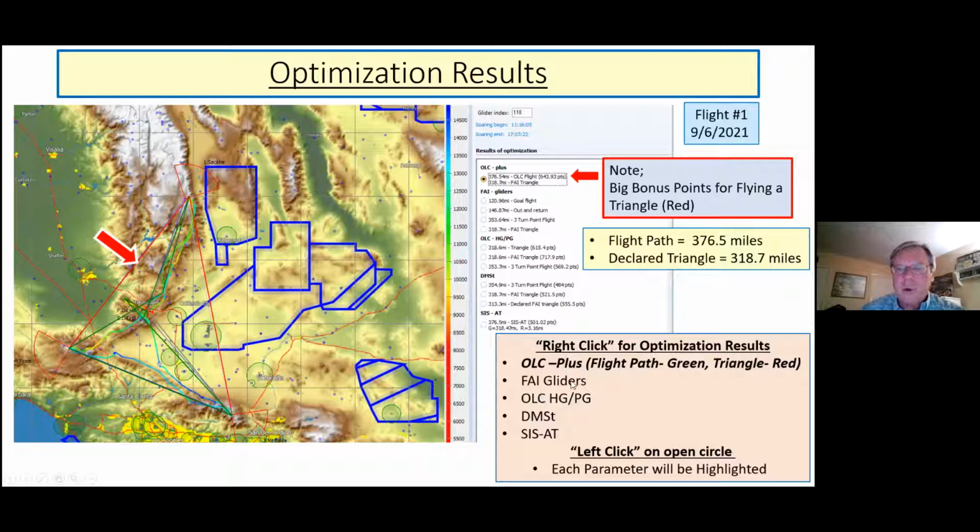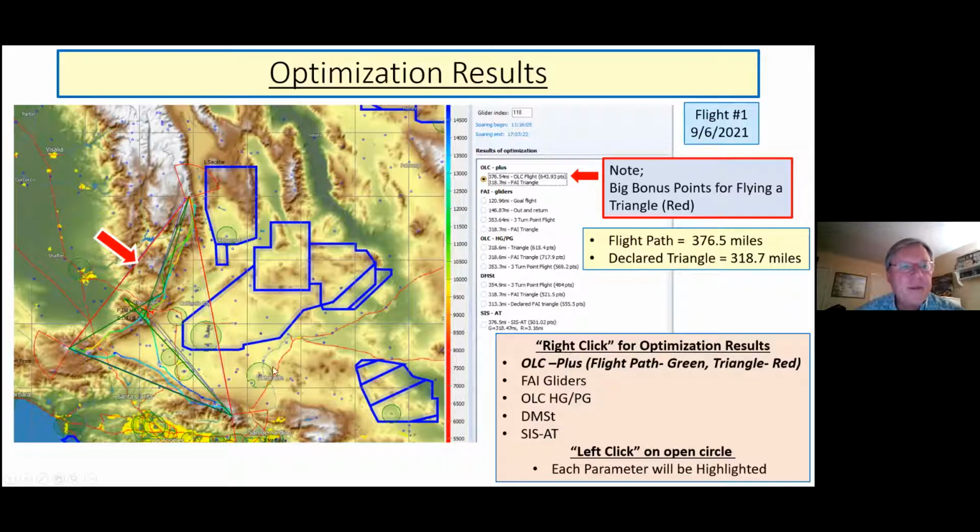So you get OLC plus, and it shows your flight path. And then if you had a triangle, it'll also show that. Then there's all these other parameters, which I'm not going to get into tonight, but FAA gliders, OLC, HG, PG, I don't even know what some of these are. I've never really paid a lot of attention to them. But you can go through all of these and see all the different scores that you got.